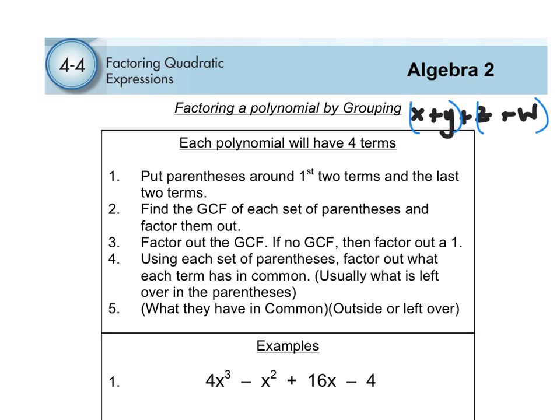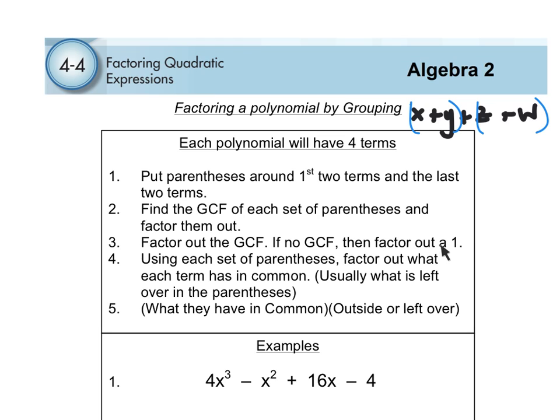Then I'm going to find the greatest common factor of each set of parentheses and factor them out, just like we did before. Really, truly, factoring by grouping is not that much different than what we did with GCF. So you factor out the GCF. If there is not a GCF, then you simply take out a 1 every time.